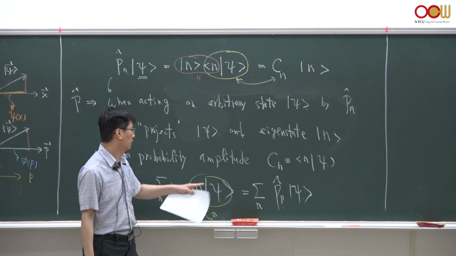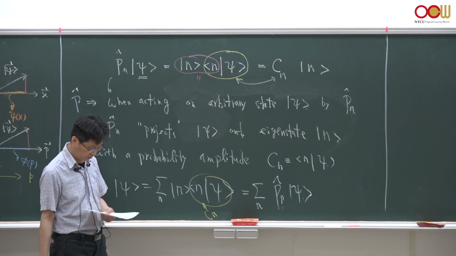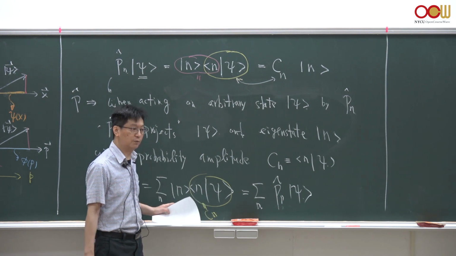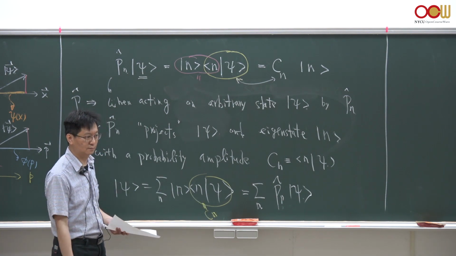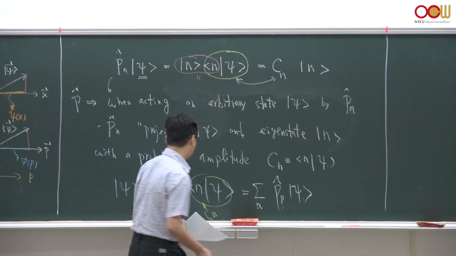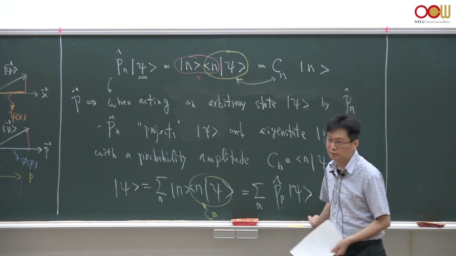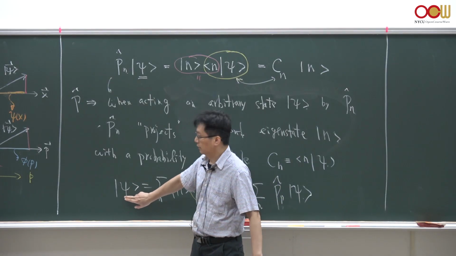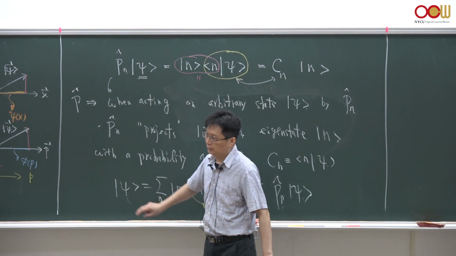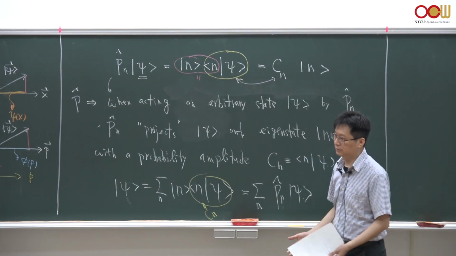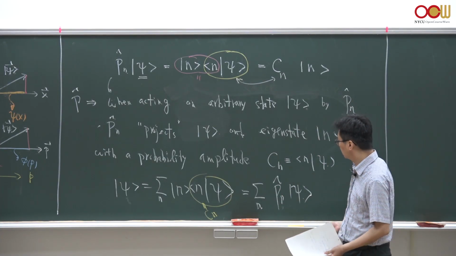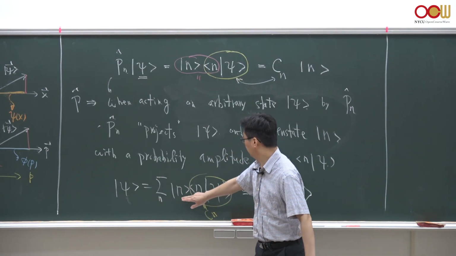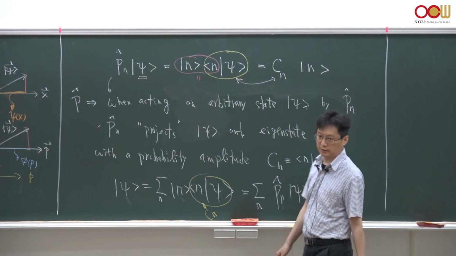And Cn is nothing but the probability amplitude that you will find the state psi to be in that particular eigenstate. So it's like taking a measurement. If you take this measurement with Pn onto any arbitrary quantum state psi, then after you take the measurement, you have a probability amplitude that you'll find this arbitrary state psi to be in a particular eigenstate.